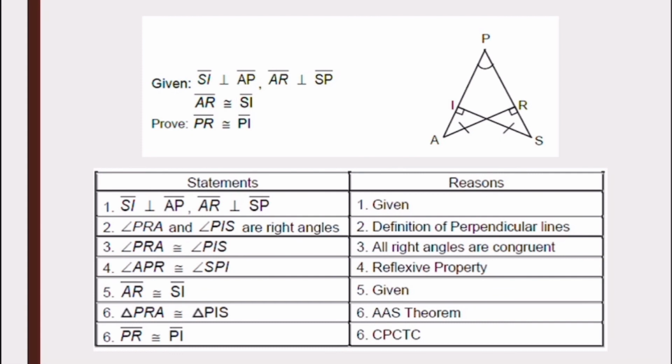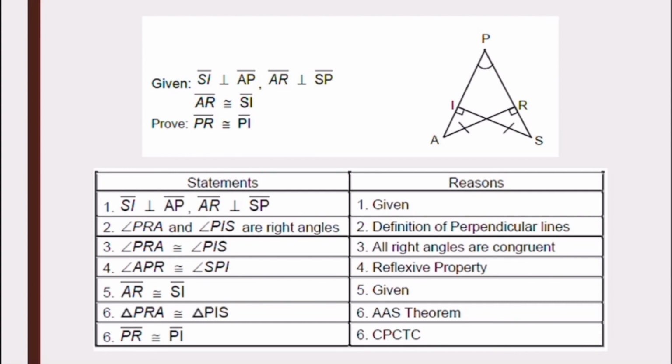The reason here is the definition of perpendicular lines. For our third statement, we have angle PRA is congruent to angle PIS. And the reason? All right angles are congruent.